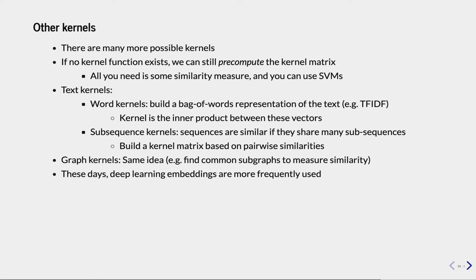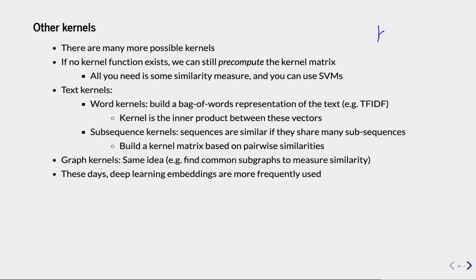Now, there are many other possible kernels, and when a kernel does not exist, we can still pre-compute the kernel matrix. Remember, the kernel matrix is basically the matrix of all the possible kernel values.